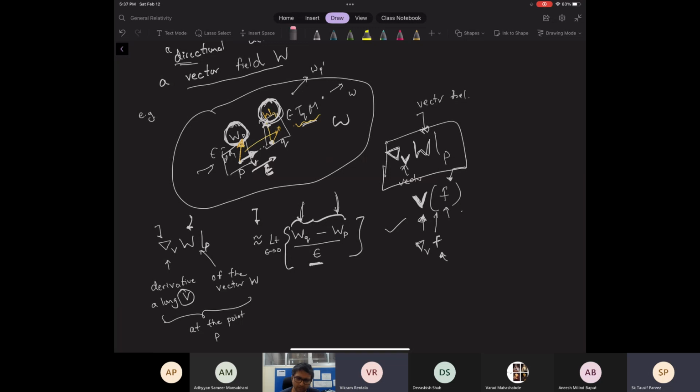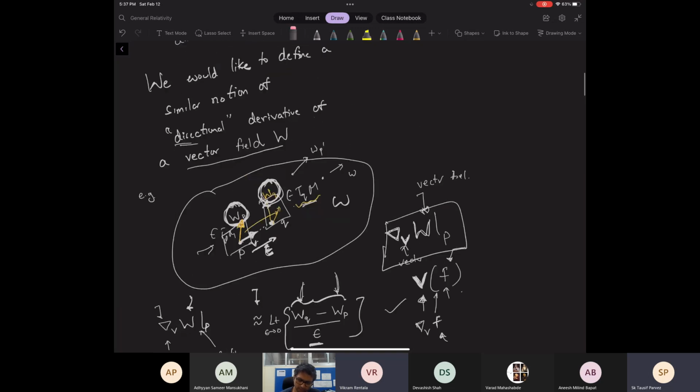If it was some other vector, we would have got to some other point Q prime. Right, so the vector defines which is the point you're moving to. If I have a vector V, then I'll move to this point, and then I want to take the derivative of the vector W along this direction V.